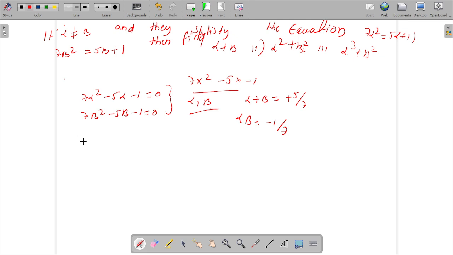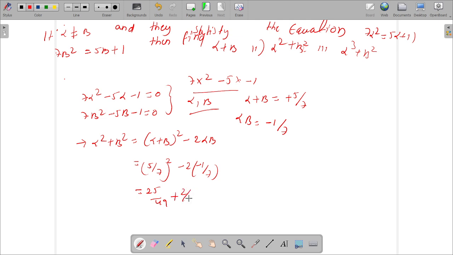Next, the second one: alpha square plus beta square can be written as alpha plus beta whole square minus 2 alpha beta. The sum of the roots, minus b by a, you already got as 5 by 7, whole square, minus 2 into minus 1 by 7. So it can be written as 5 by 7 whole square, which means 25 by 49, plus 2 by 7.